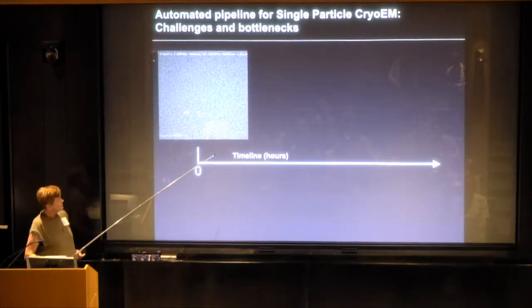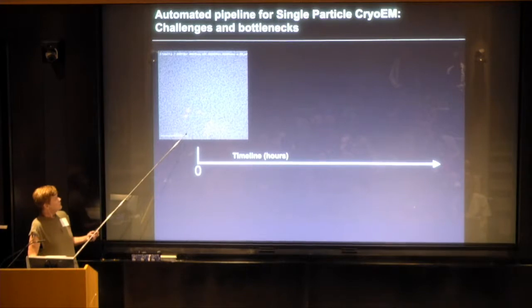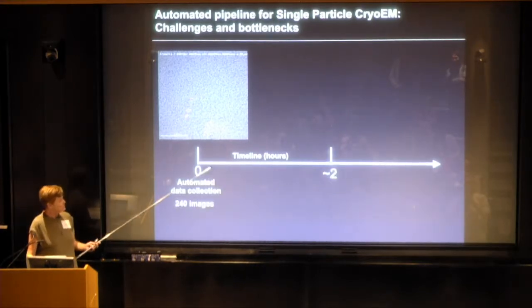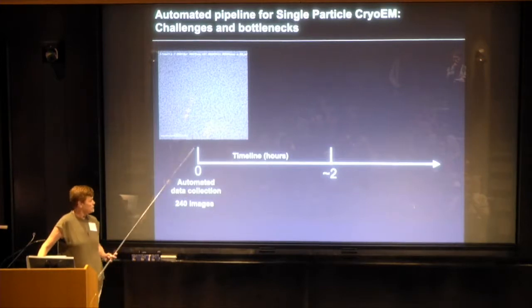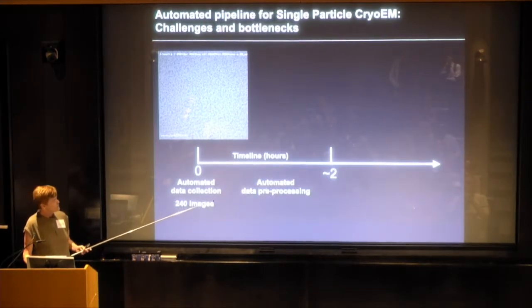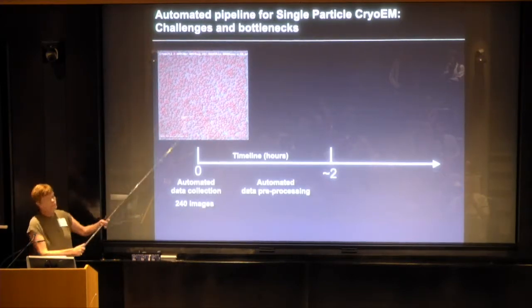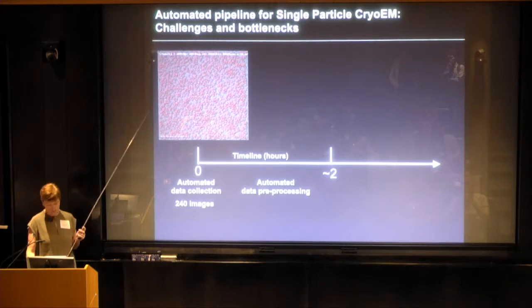So that processing pipeline, at least in the Simons Electron Microscopy Center, looks like this. Here's a typical image, and we stick the sample in. We start imaging at time 0. After a couple of hours, we have a few hundred images. And while we collect the images, we already start processing. So we pick out those individual particles in those images.